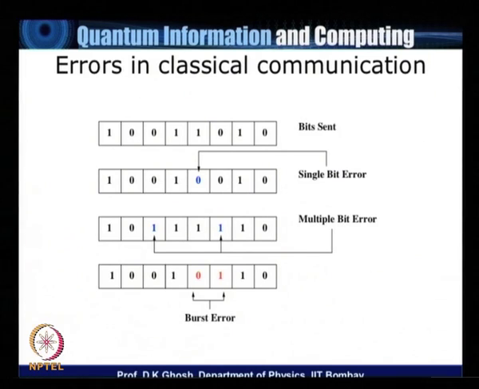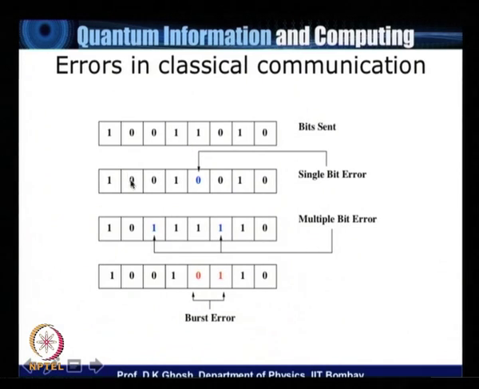So let us look at what are the various types of classical errors. Notice in this example that I am showing on this slide, the sender sends 10011010. The bits themselves have no significance excepting that I am giving an illustration.